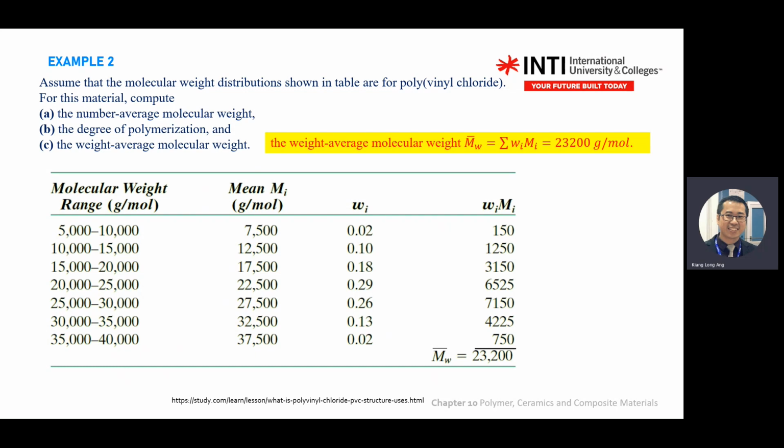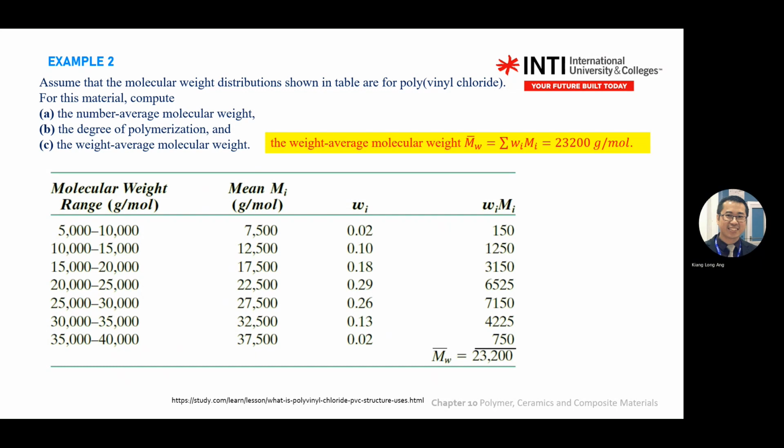If you see Xi, where X is the number fraction, then you calculate the number average molecular weight. So that is the keyword, it's the keyword for what you are going to calculate. Don't confuse number average and weight average. Number average, you will see small xi. If you calculate the weight average, you will see Wi.